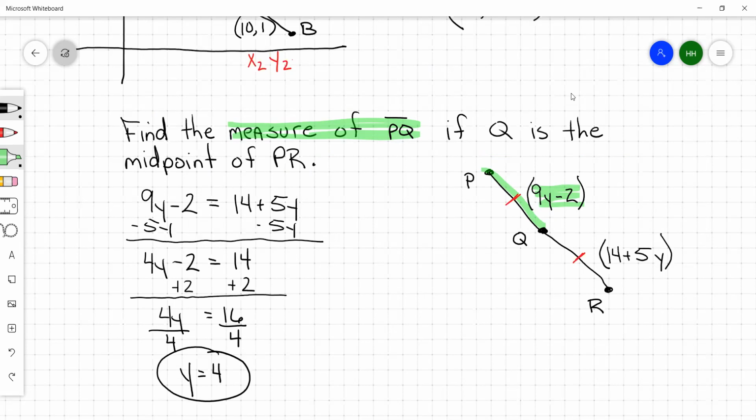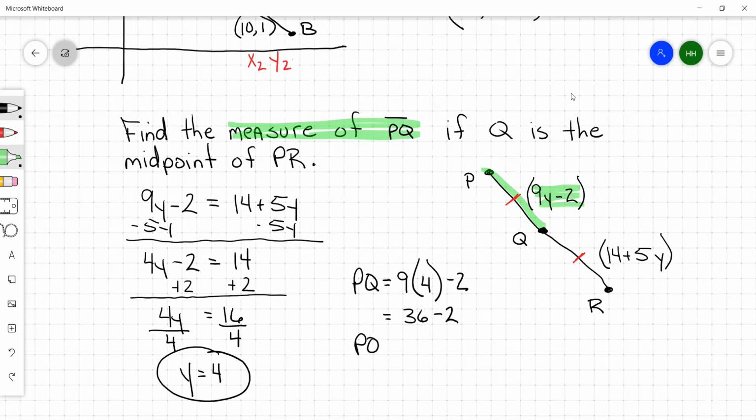But now that's not what they're asking, is it? Now you got to substitute. P to Q equals 9 times 4 minus 2. So our P to Q equals 36 minus 2.